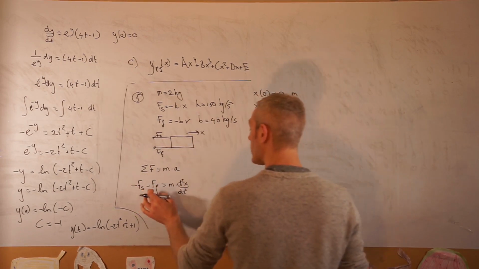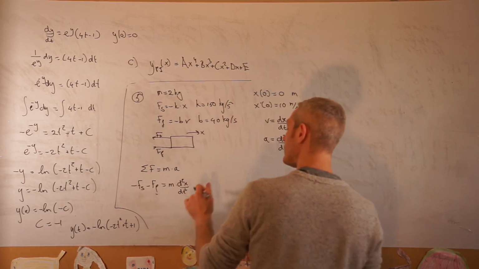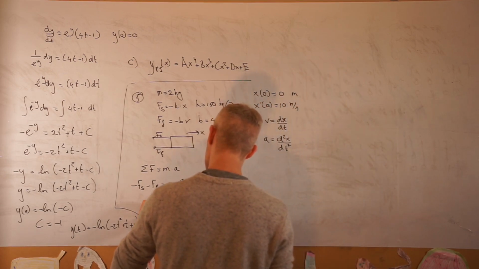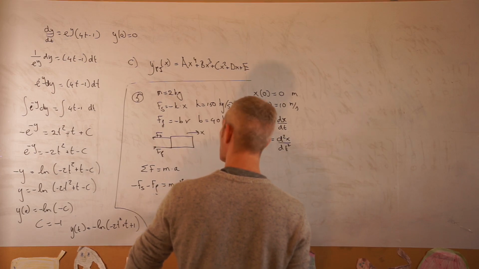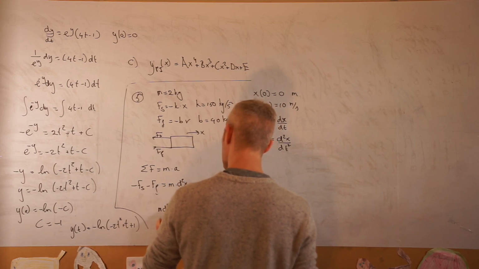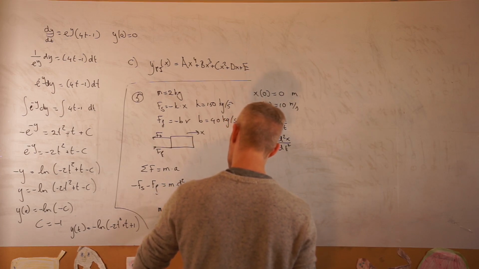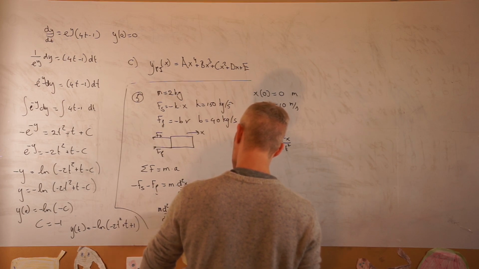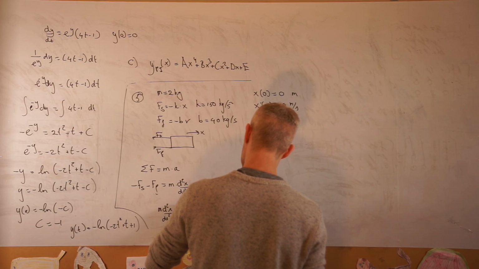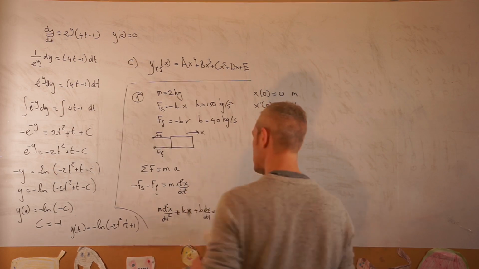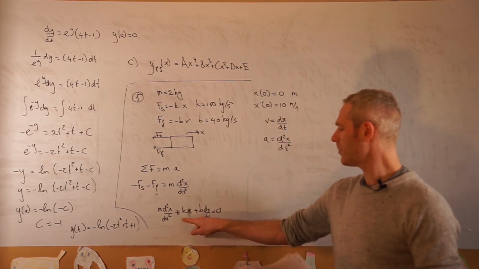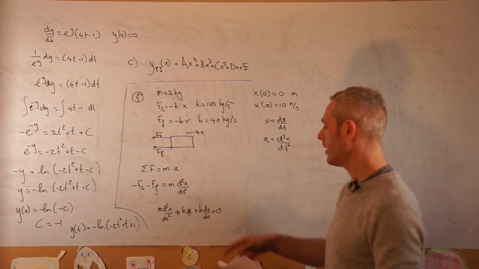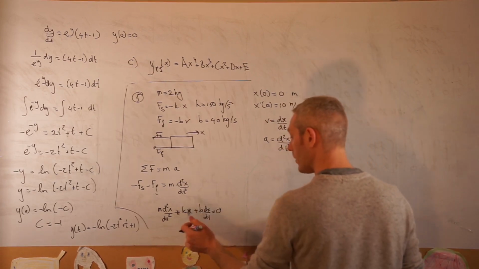We plug in our constants and we'll move these two to the other side, and we get m d squared x dt squared plus the spring force, k times x, plus b times dx dt is equal to 0. I usually put these two the other way around, and I will swap them now.